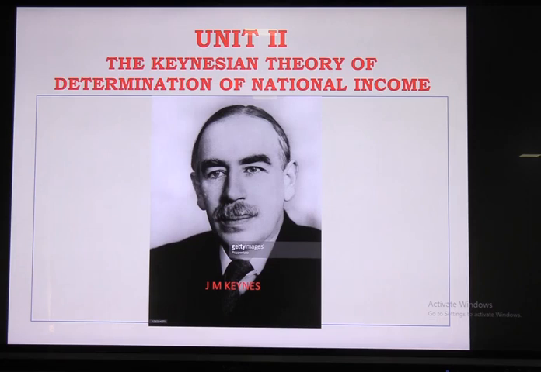Also, he explained the equilibrium national income. First part, circular flow of income, which expresses how the national income is generated. Second part, determination of equilibrium national income, which explains how we can determine the required national income for getting full employment. These two are discussed in this unit.